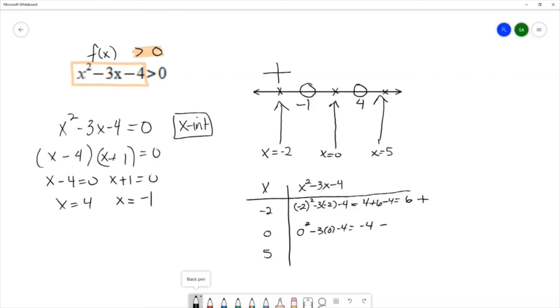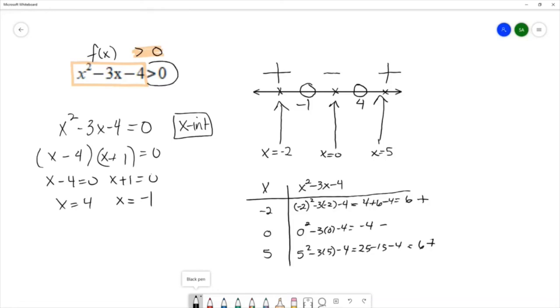That's negative. So this interval is negative or below the x-axis. The last one, 5 squared minus 3 times 5 minus 4. That's 25 minus 15 minus 4. 10 minus 4 is 6. That's positive. So this interval is positive or above the x-axis.